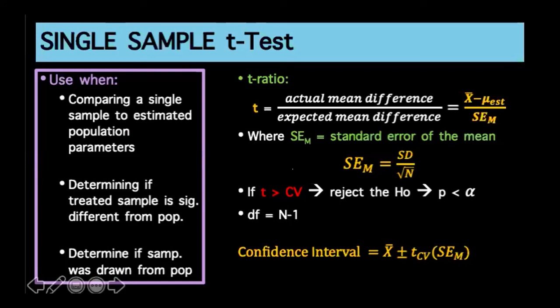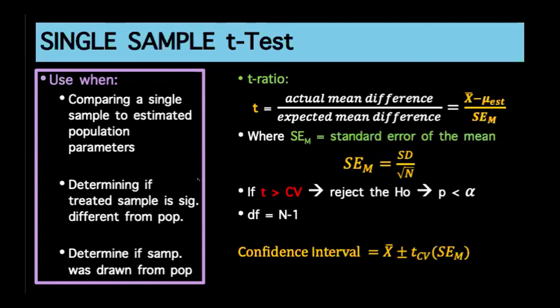We ask, is that t statistic large enough to be significant? The critical value says this is the measured difference we would need in order to be significant at a given level of confidence, and that number changes as you increase your sample size and as you change your level of confidence.